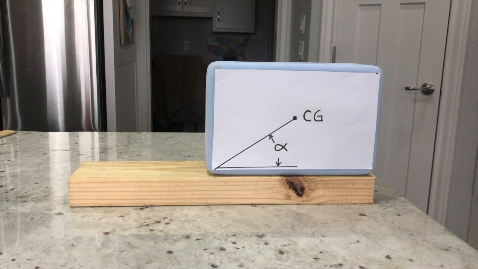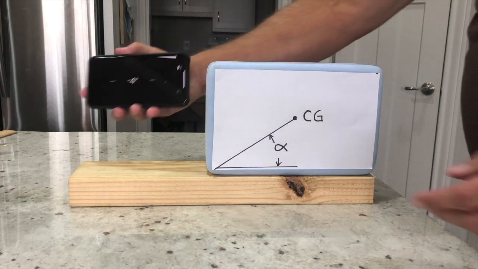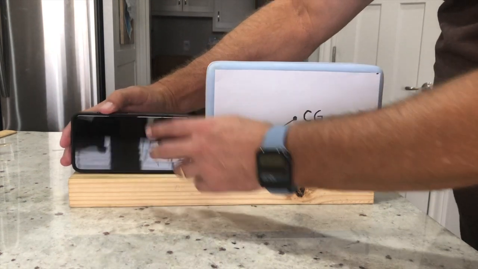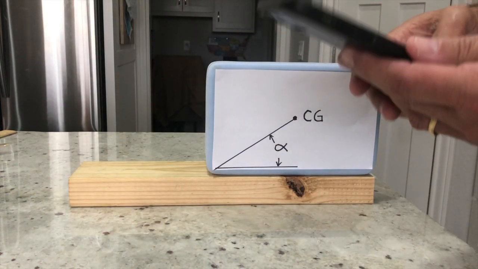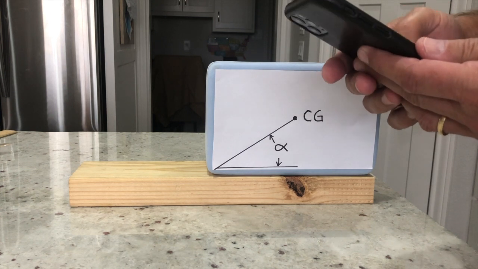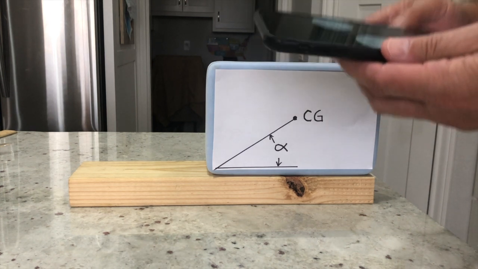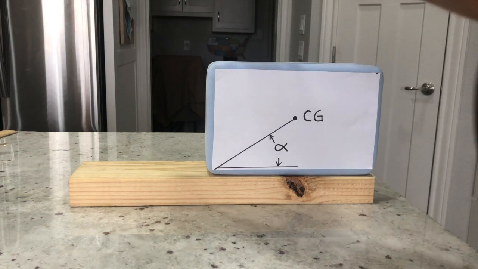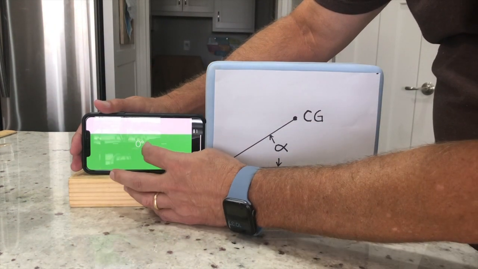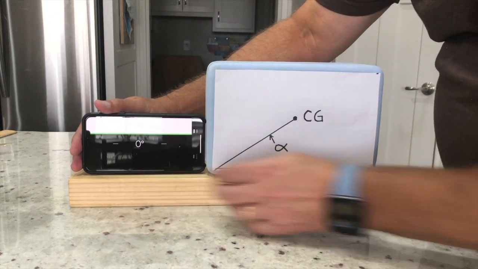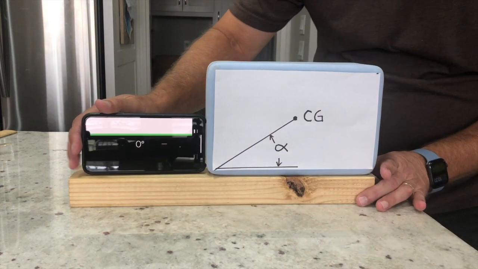So you can take a look at this angle, and I'm going to try to do that and hold all these together with a phone. This is the level app on a phone. We zero that out and we start to raise this.